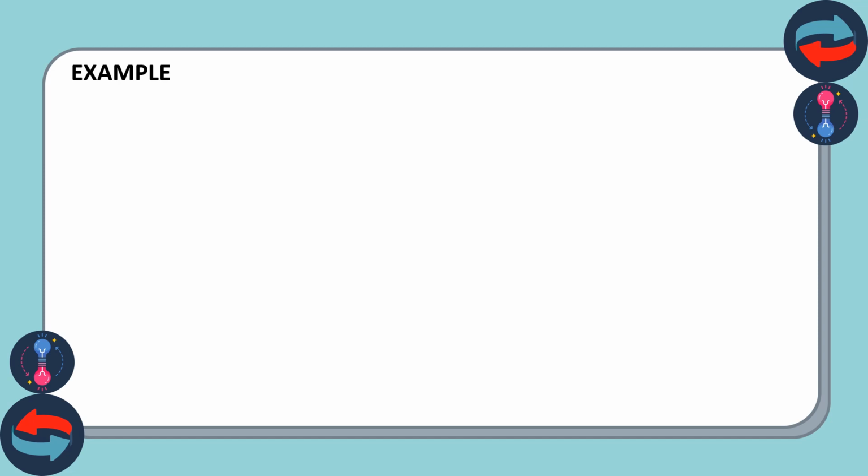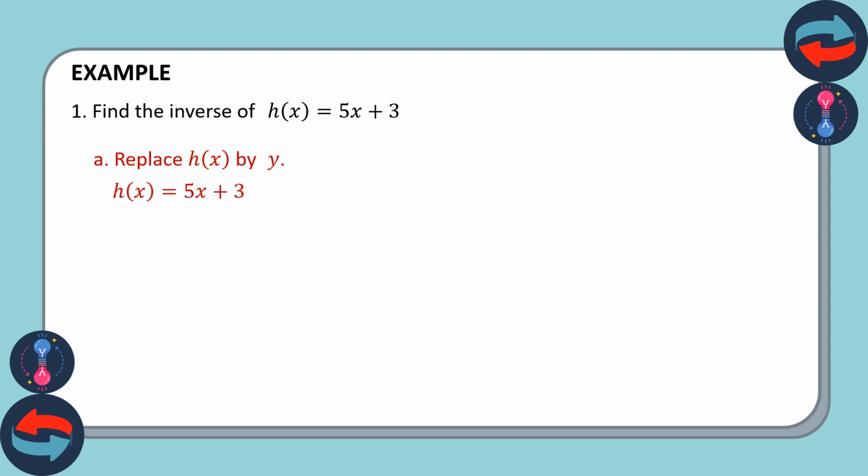For our third example, we find the inverse of h of x, which is equal to 5x plus 3. First, we replace h of x by y. So h of x, which is equal to 5x plus 3, is now written as y equals 5x plus 3. Next, we swap x with y and y with x.